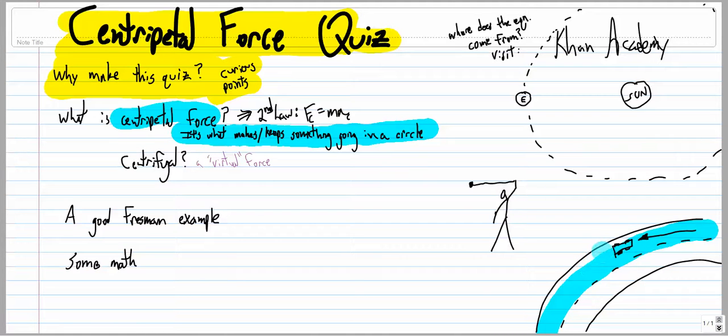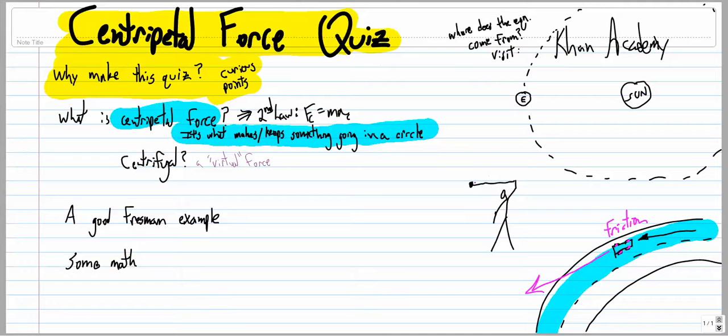If you put ice or an oil slick in front of the car, the car would take off straight in the last direction it was going. But it's the friction of the tires with the road that keeps it going in a circle. So here, it's friction causing the centripetal force.